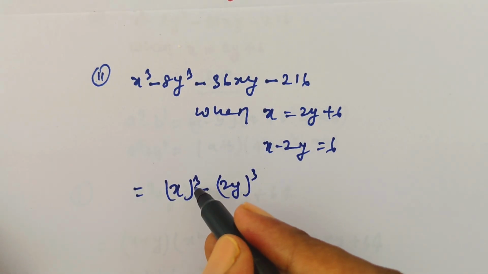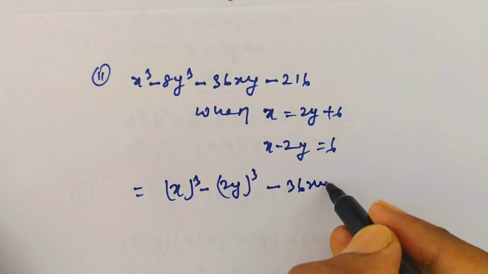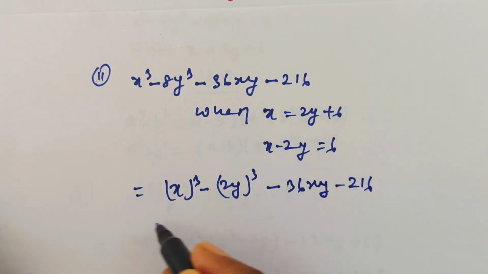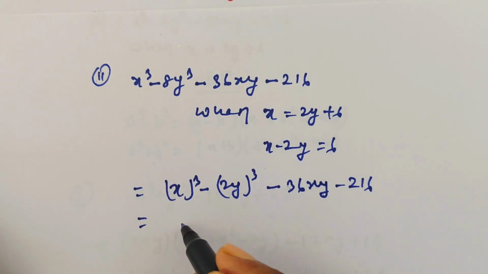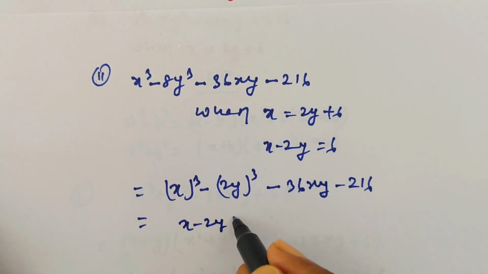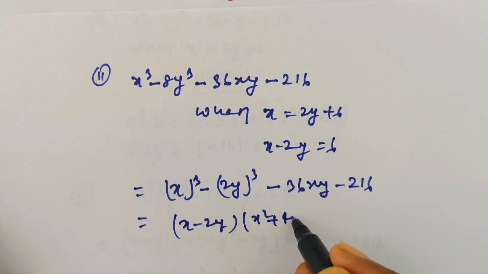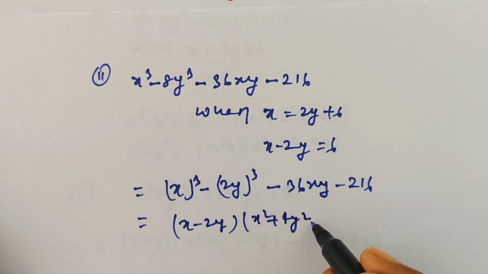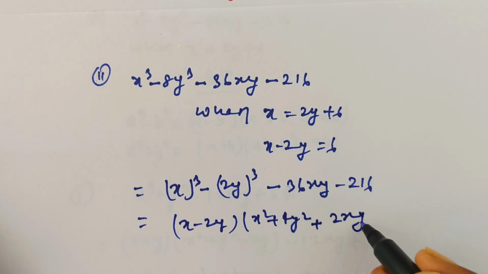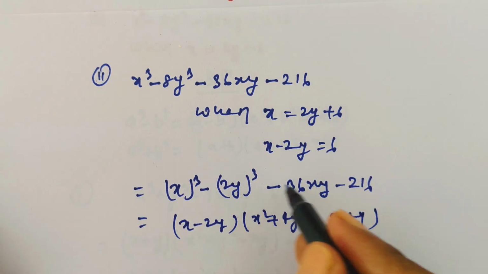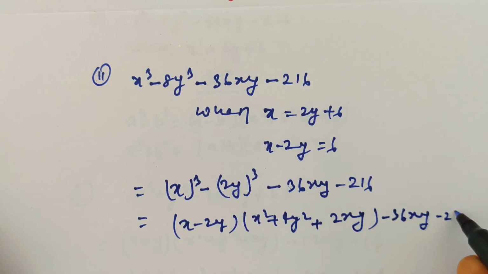Here it will be a cube minus b cube, and similarly write minus 36xy minus 216. You know a cube minus b cube equals a minus b into a square plus ab plus b square, that means x minus 2y in brackets, and you write x square plus 4y square plus 2xy, and the remaining part you write minus 36xy minus 216.